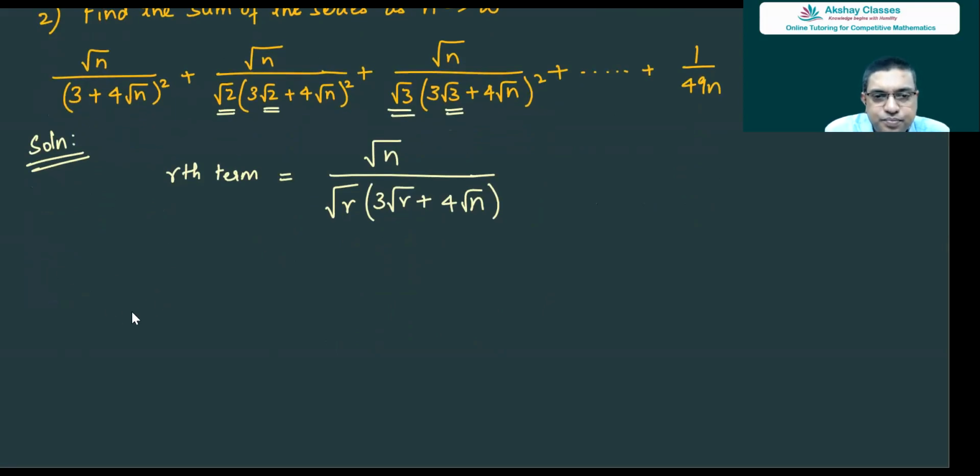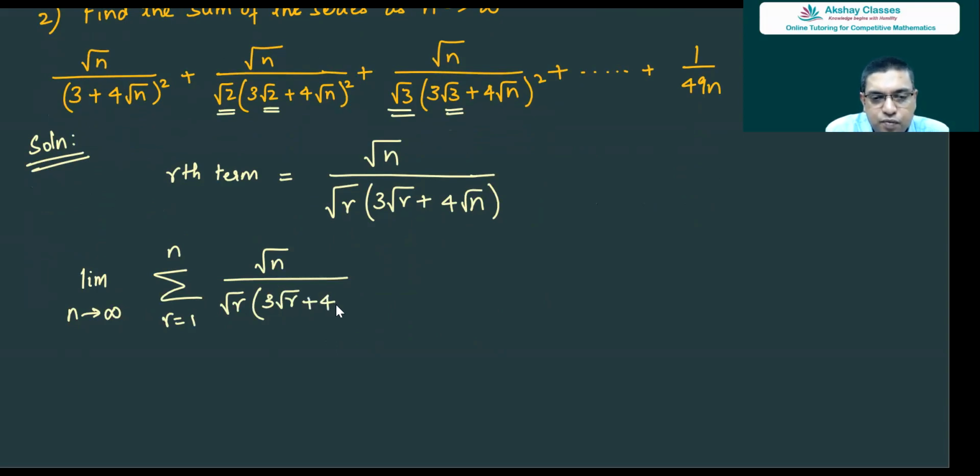Now what do we do? Write limit n tends to infinity sigma r equal to 1 to n, under root n by under root r times 3 under root r plus 4 under root n, whole square.